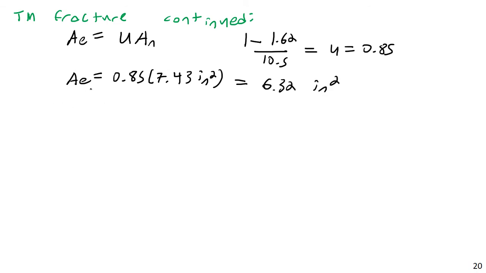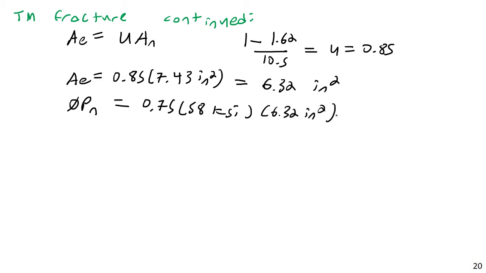And then we can simply say that phi P_N is going to be 0.75 times 58 ksi times 6.32 inches squared. And that comes to a load of 275 kips. So that means that for tension member fracture, oh, it's not 25 kips, sorry, 275 kips.